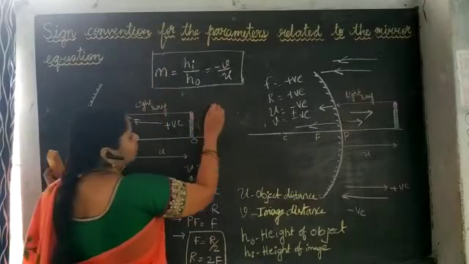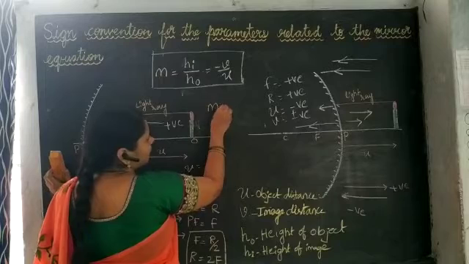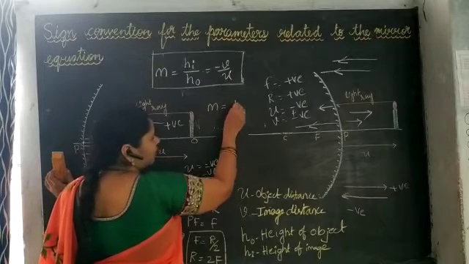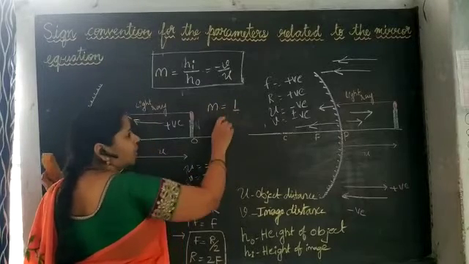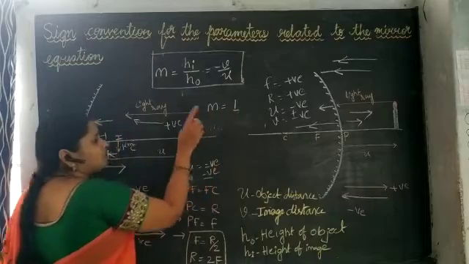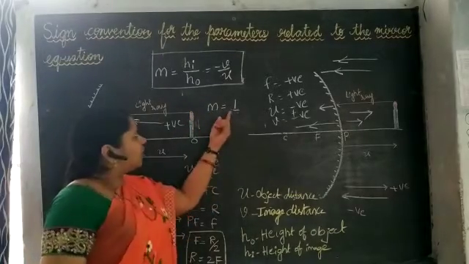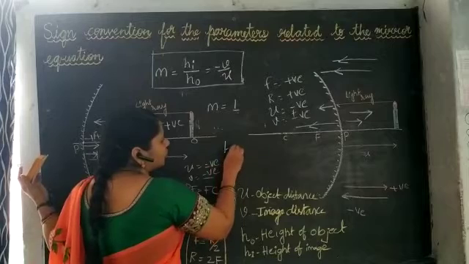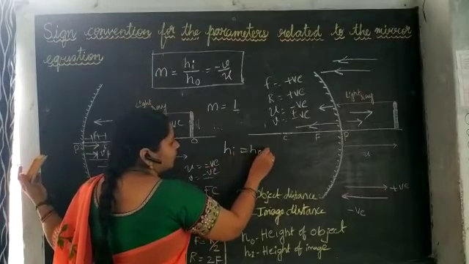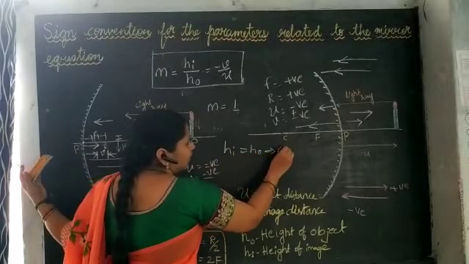By knowing this value, what we can say: if m is equal to 1, there is no change in the size of object and image. The height of object equals height of image. In this condition, we will get m value 1.